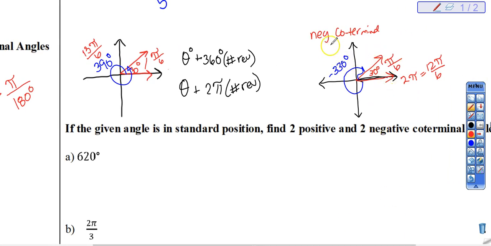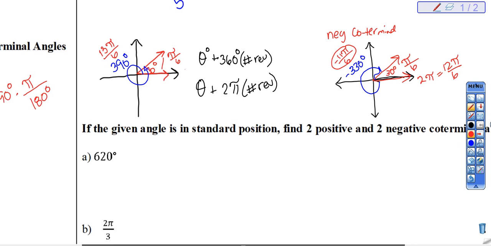So if I want to find the radians of negative 330 degrees, couldn't I just do 12 pi over 6 minus 1 pi over 6, which would be a negative 11 pi over 6? Or I could use my conversion if I choose. You're mathematicians, you choose what works for you.